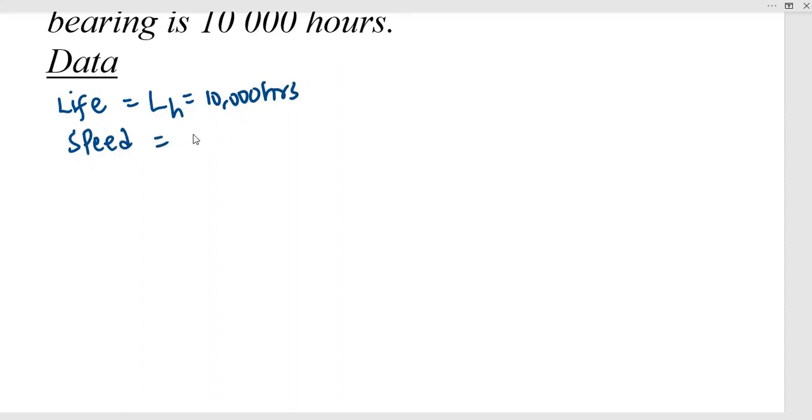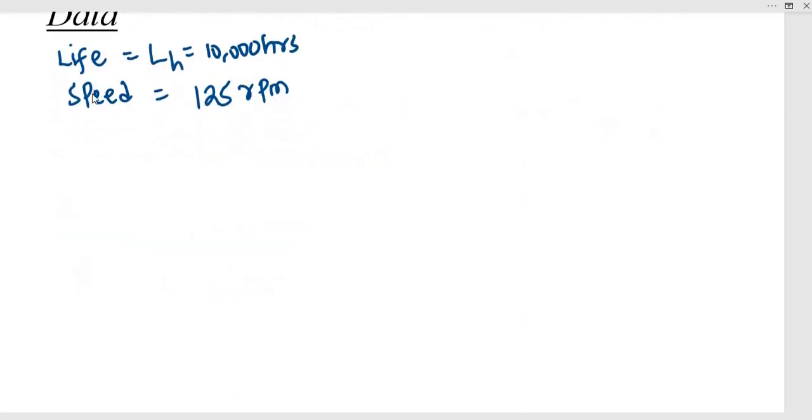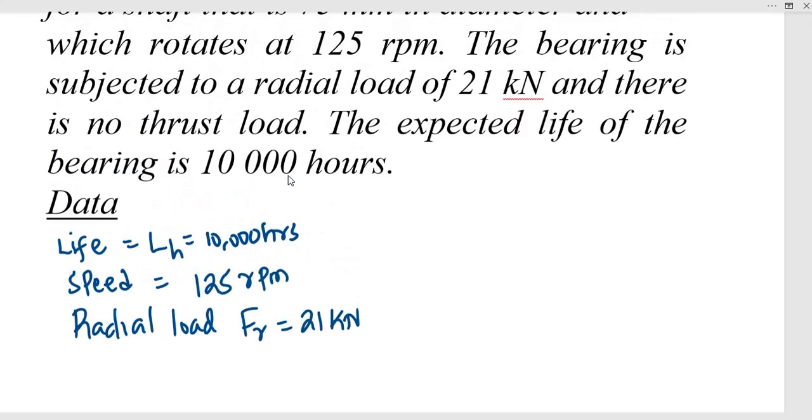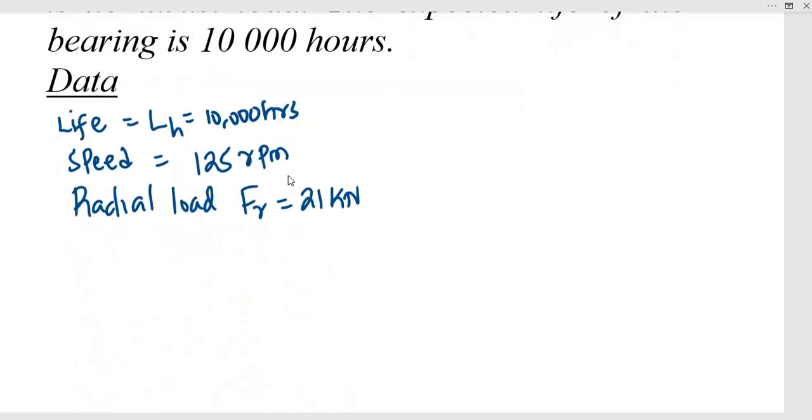So what is provided to us? We know the life of the bearing, which is LH, equal to 10,000 hours. We know the speed is 125 revolutions per minute, 125 RPM. We are also told that it only carries the radial load, let me call it FR, which is equivalent to 21 kilonewtons.